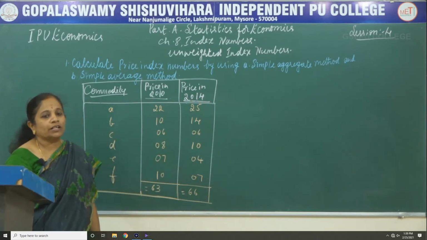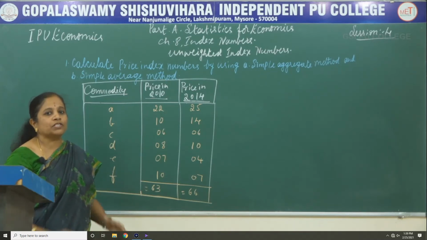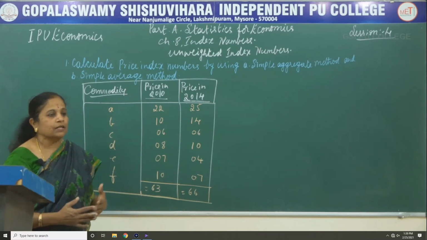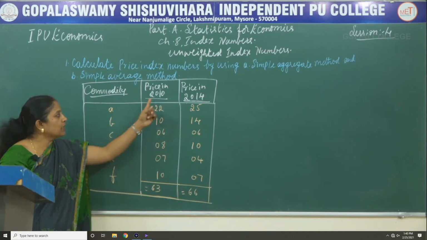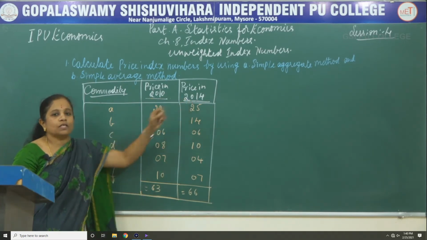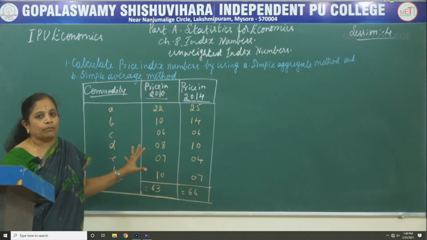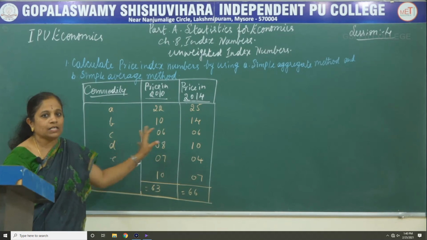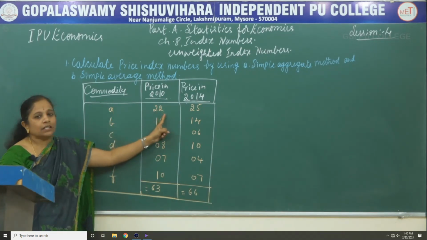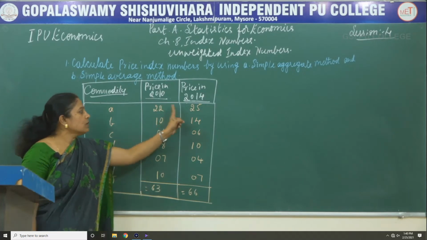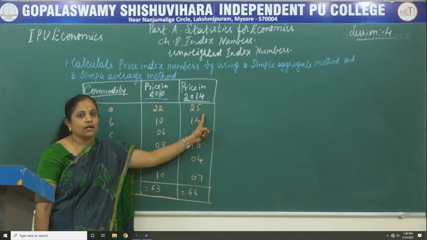We are measuring the values of the index numbers with the help of the changes that have taken place in respect of these six commodities from the year 2010 to 2014. So these are the contents of a problem, and in a problem only these are given. For commodity A, the price in the year 2010 was 22 and it has increased to 25 in the year 2014.